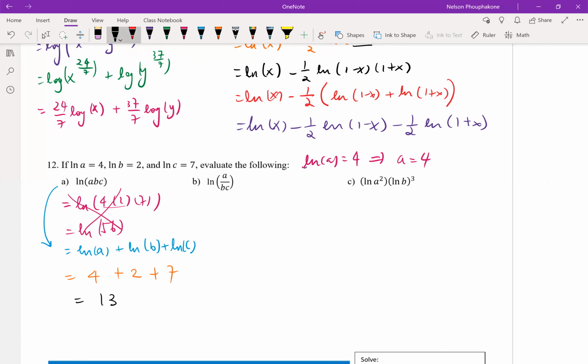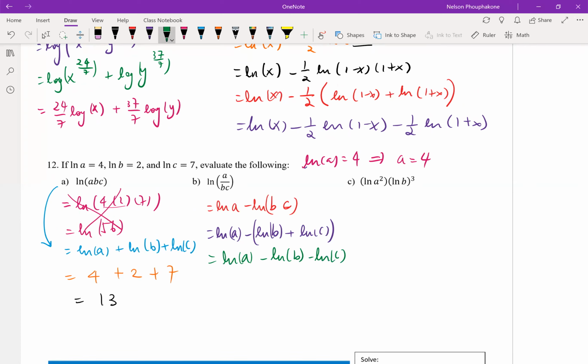Okay. Then this is natural log of A minus natural log of B times C. And it's natural log of A minus natural log of B plus natural log of C. Okay.